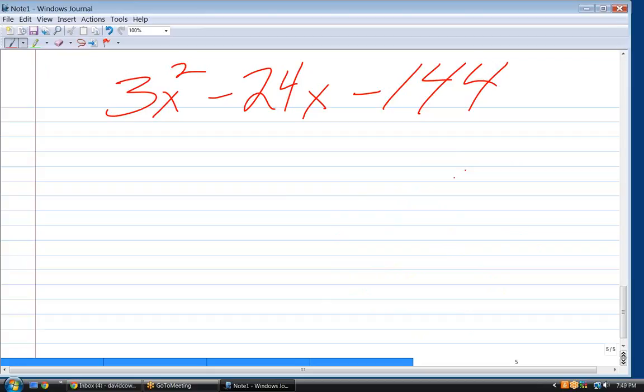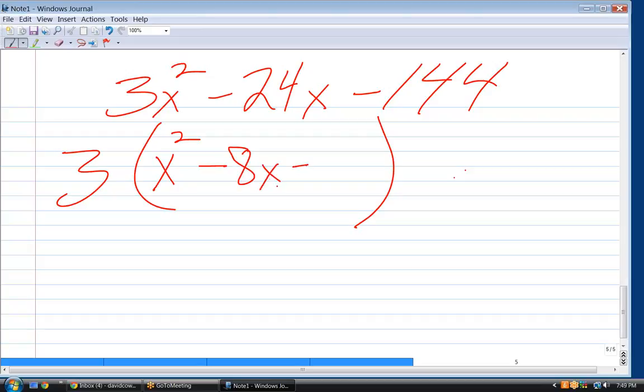Okay, so we know that each of these is divisible by 3. Let's take out a 3 and see what we've got left. If you divide out the 3, it has to be x squared, and it's going to have to be a minus 8x, right?